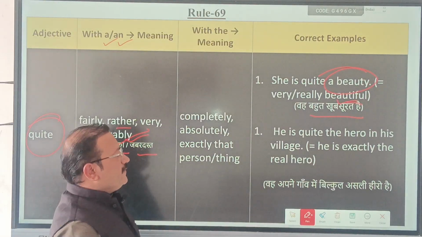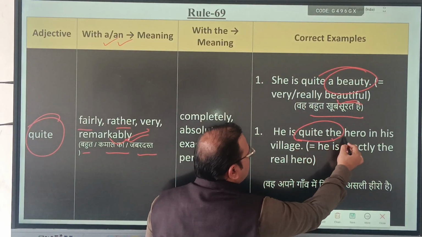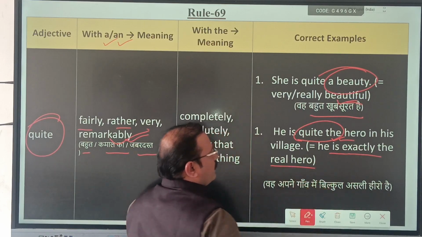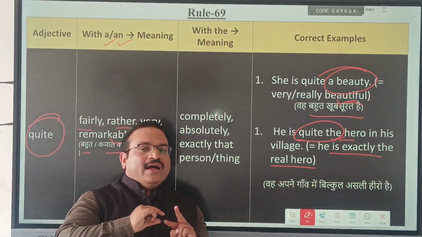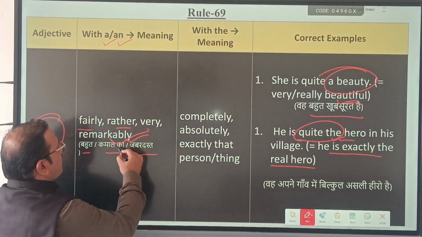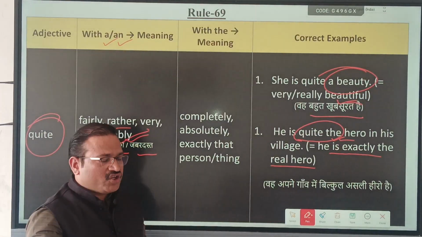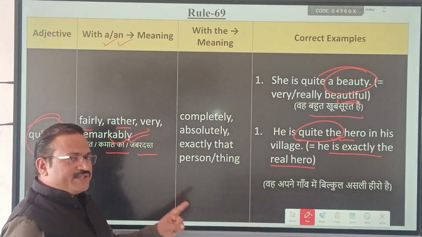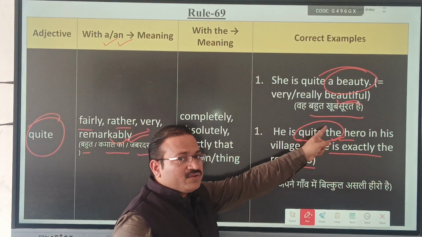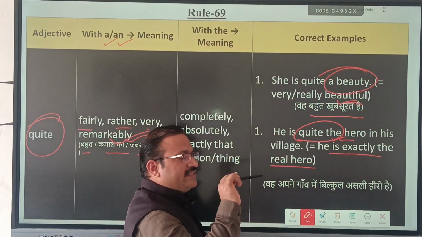But when we are using he is quite the, after quite the, then he is exactly the real hero. Now understand this. After quite, if there is a or an, it means remarkable, कमाल का, जबरदस्त, बहुत ही कमाल का, बहुत अच्छा. लेकिन उसी क्वाइट के बाद अगर द का यूज हो, if the is used after quite, it means specific, exactly the same.